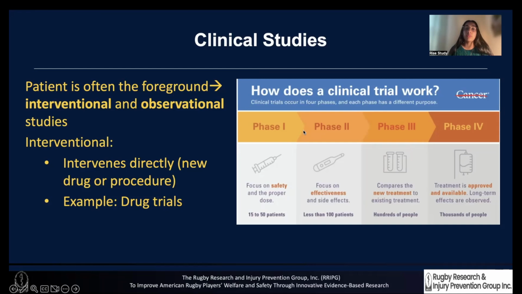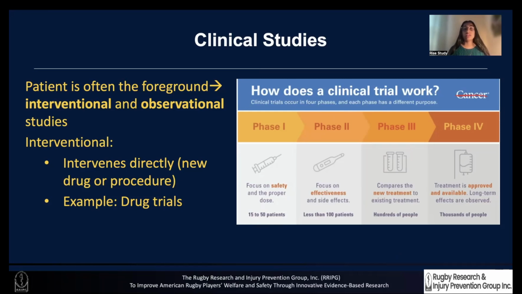They often are broken up into four phases, especially for vaccines or other medicines. Phase one often focuses on safety and the proper dose of the medication. This is often used on a very small number of patients, as you can see, 15 to 50 patients. These are often used, for example, in cancer treatments with patients that have a poor prognosis, or otherwise are a small study in general.